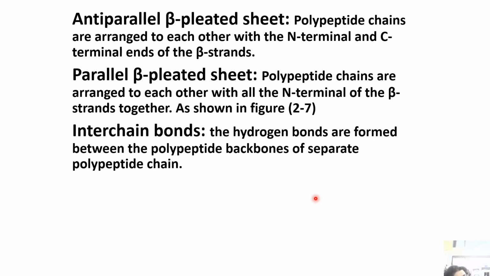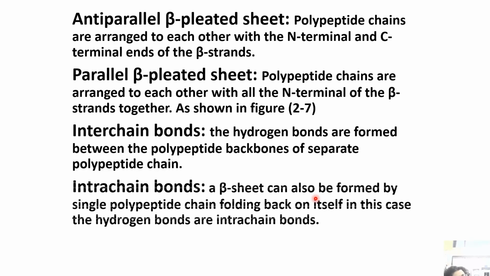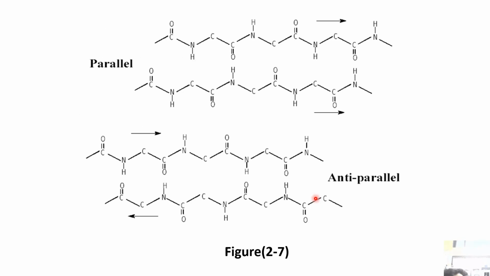And the interchain bonds, the hydrogen bonds, are formed between the polypeptide backbones of separate polypeptide chains. A beta sheet can also be formed by a single polypeptide chain folding back on itself. In this case, the hydrogen bonds are intrachain bonds.